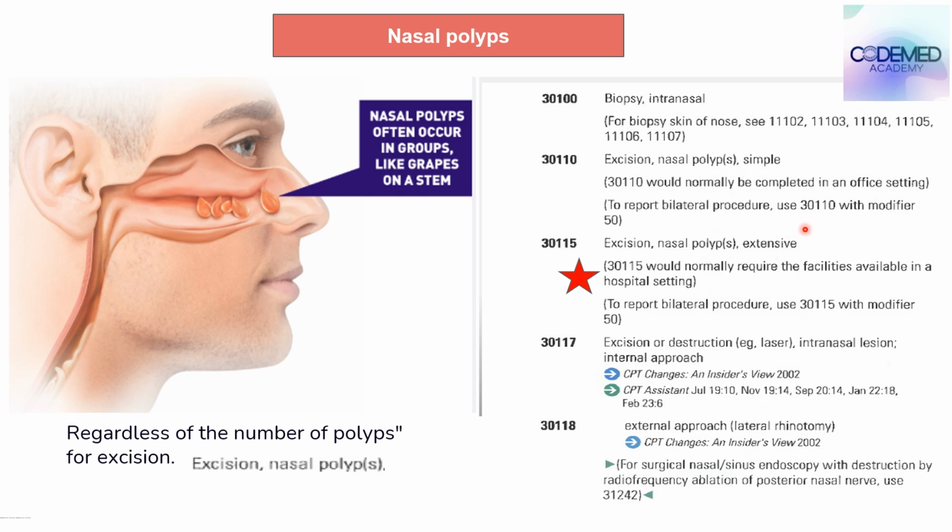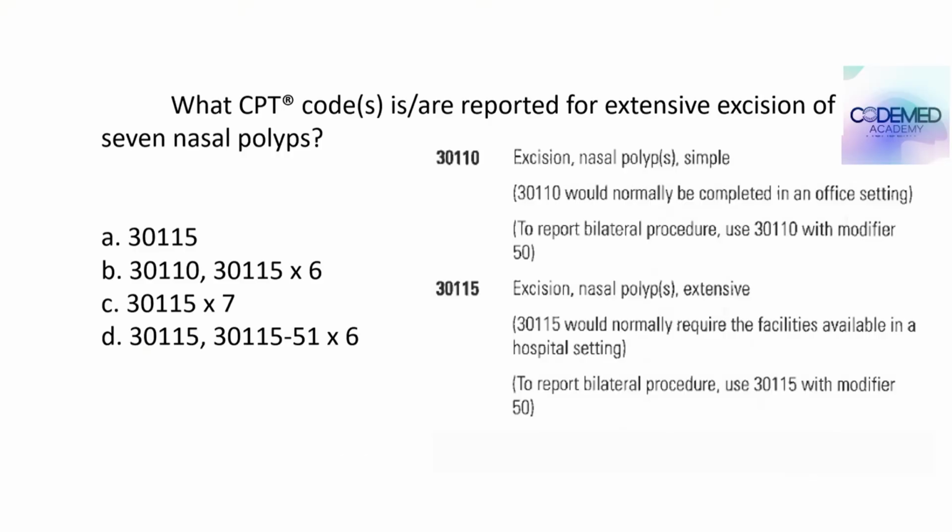For the bilateral procedure, I'll have to use modifier 50. So make that important observation: these codes are unilateral, and for the bilateral we put the modifier. So what CPT code is reported for extensive excision of 7 nasal polyps, and we have 4 options. So let us eliminate the wrong option.